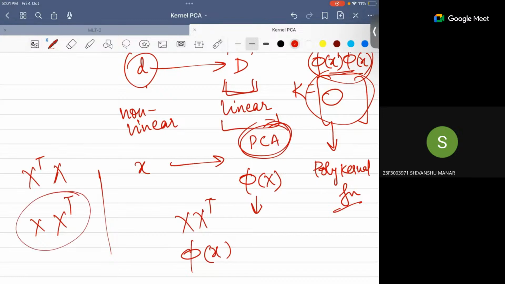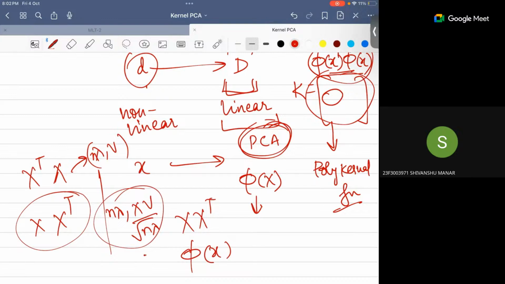Here, if the eigenpair is lambda times V, we'll be having n lambda times V, and n lambda times XV upon root of n lambda, correct? This is what we read in the starting, right? Yes, sir.